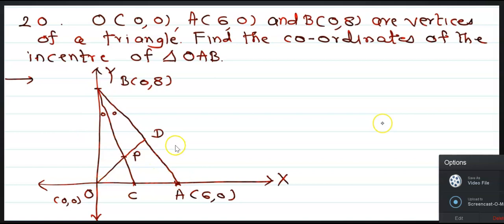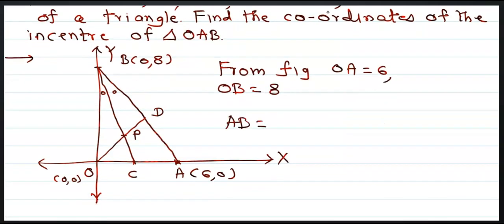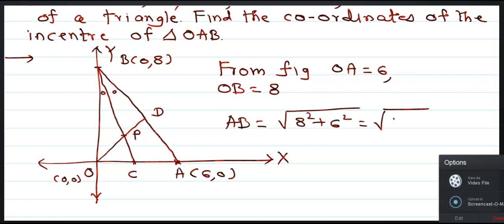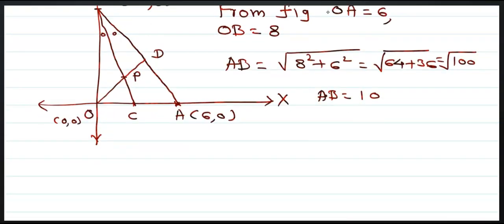OD is one angle bisector and OC is the other angle bisector, and we find their equations. Now from the figure, OA is equal to 6, OB is equal to 8. Therefore, AB, by using Pythagoras, is 8 square plus 6 square, that is 64 plus 36, the root of 100. AB is equal to 10.